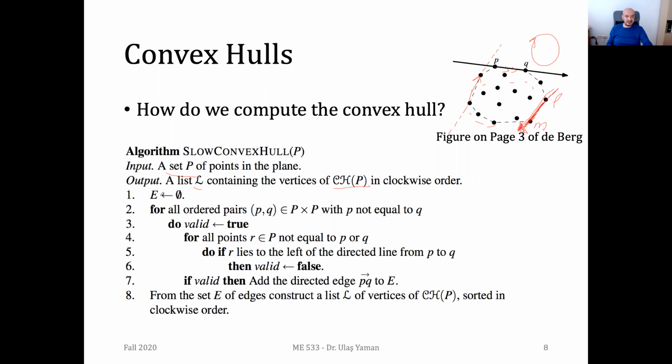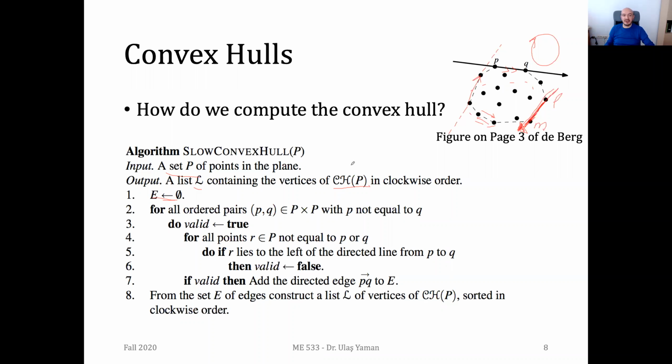In the algorithm, we need to have a list which is an empty list at the beginning, and then we go over all the ordered pairs. So we have many pairs. This, for instance, is an ordered pair, and we also need to have the reverse of it, which is another ordered pair. We don't know whether the points are on the left or right.